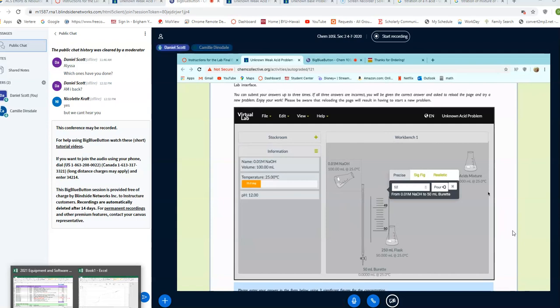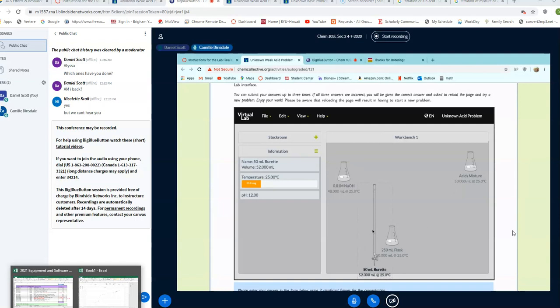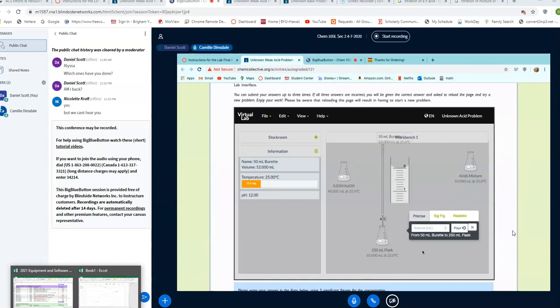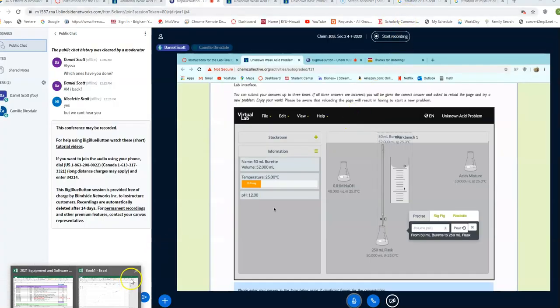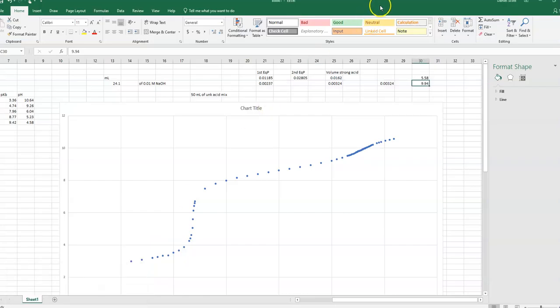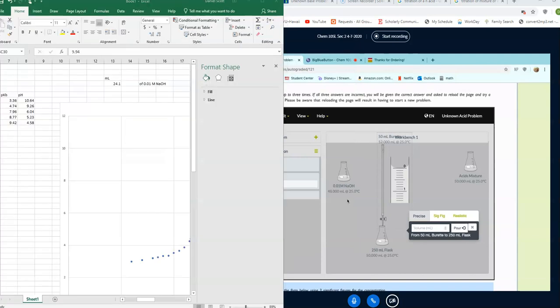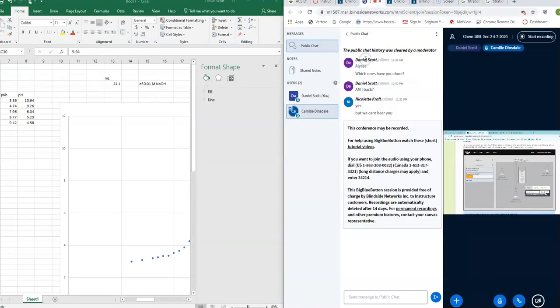Again, we don't know if this is going to work. This is just what I did. Okay. So is that how much of the sodium hydroxide is in the flask right now? Oh, that's the sodium hydroxide. Yeah. Okay.